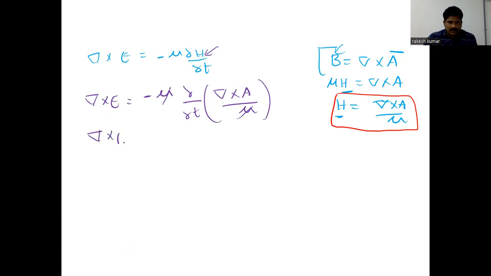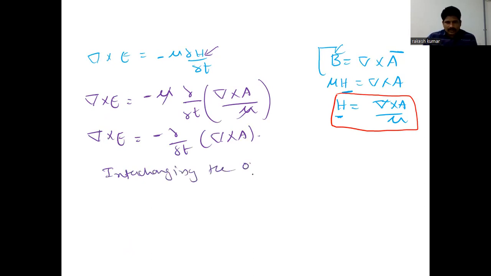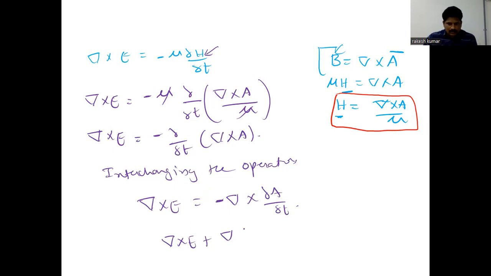Therefore del cross E is equal to minus dou by dou t of del cross A. I'm interchanging the operators, so del cross E plus dou A by dou t is equal to 0. So this is the expression.